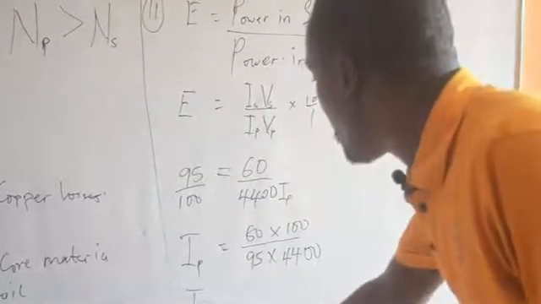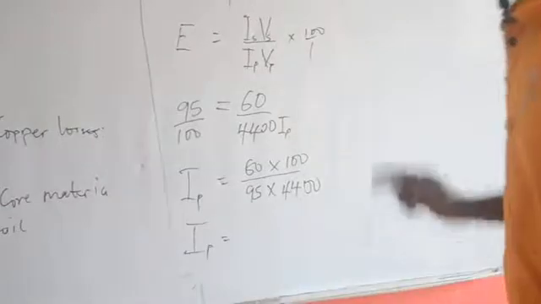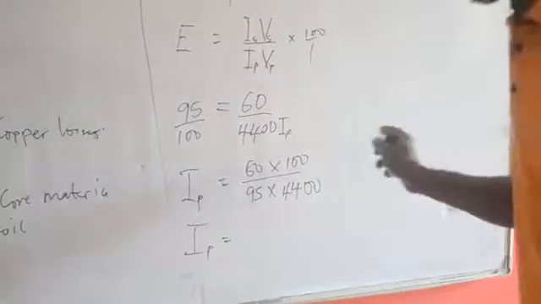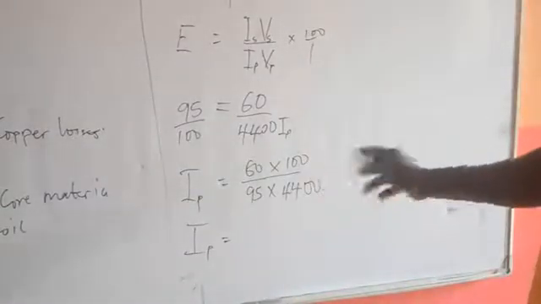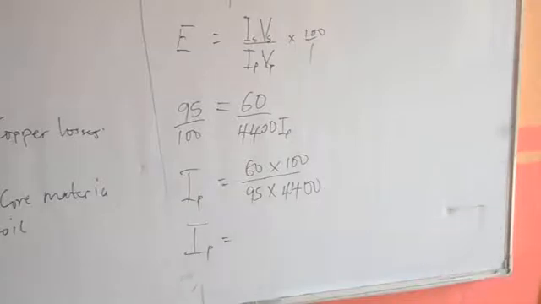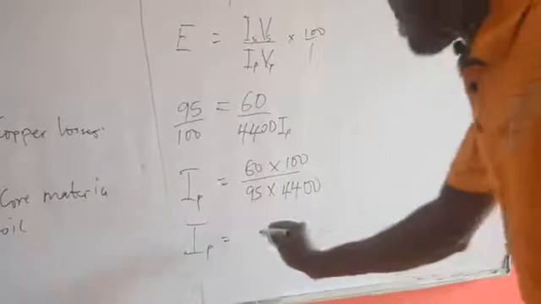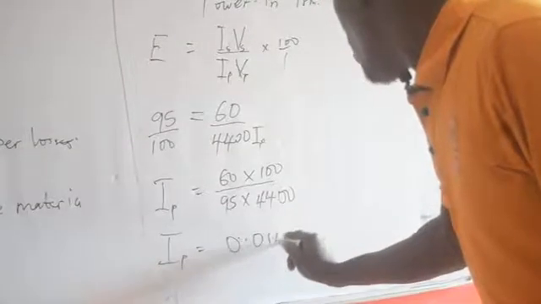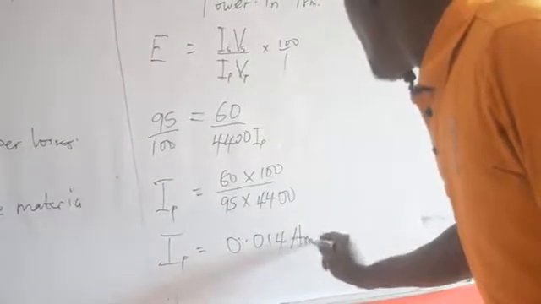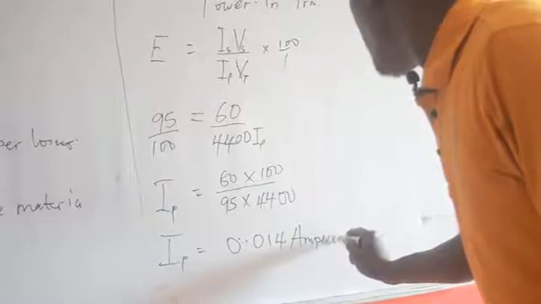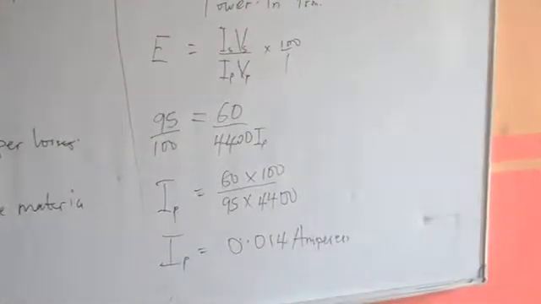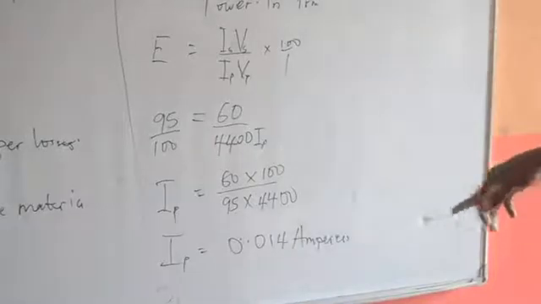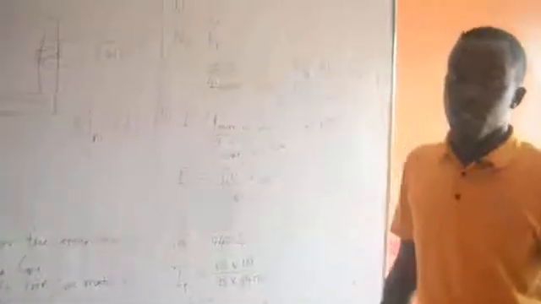So 60 times 100 will give you 6,000, then divide that by 95 times 4,400, and you are going to be getting 0.014 amperes. So from there, we have been able to calculate the current that is flowing from the main circuit.